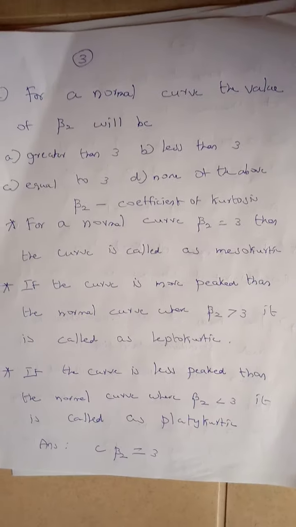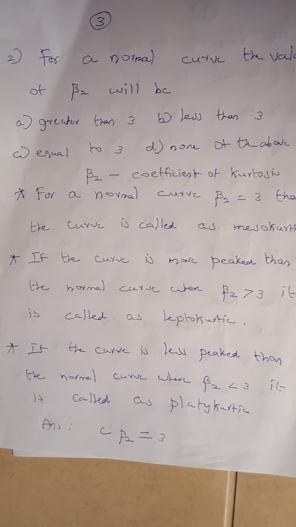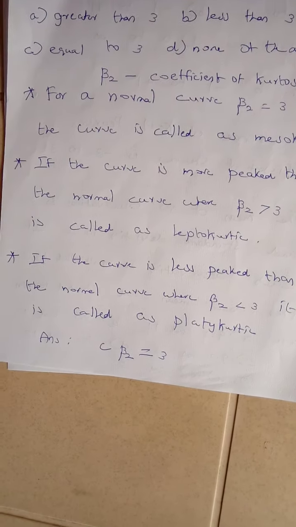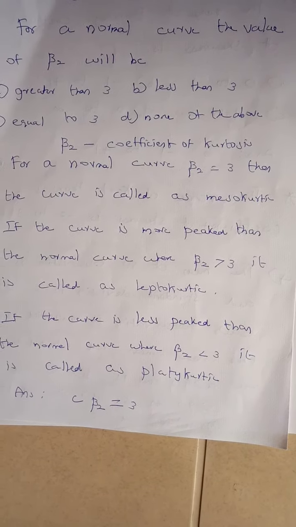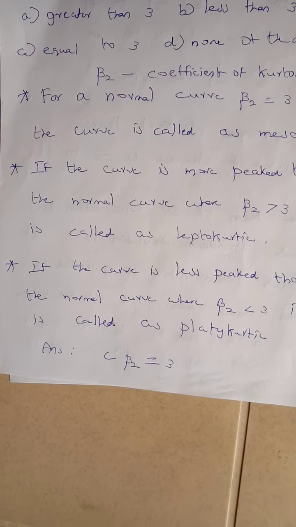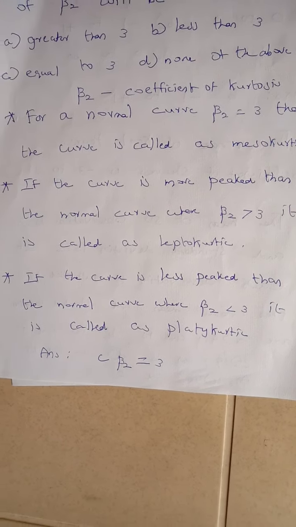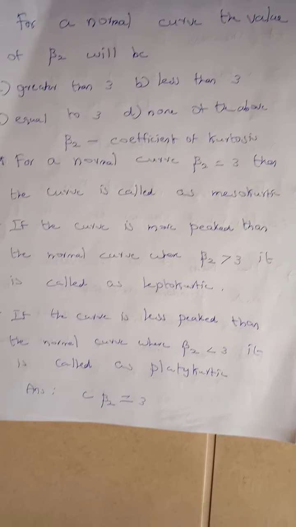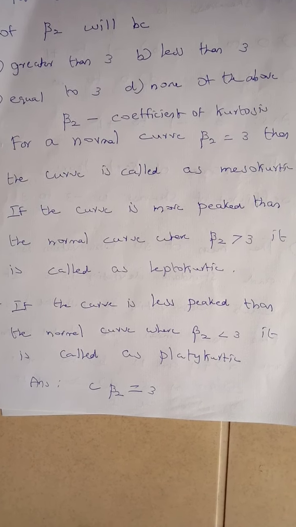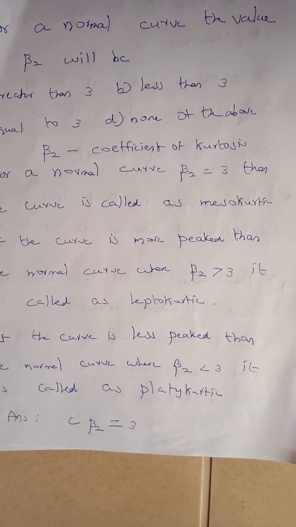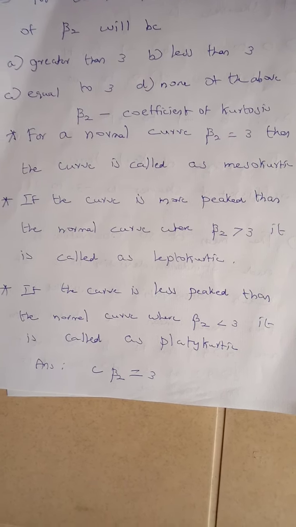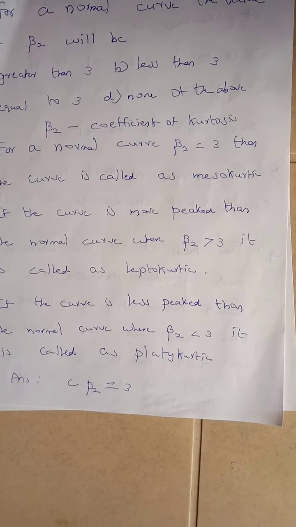We should know what beta 2 is. Beta 2 is the coefficient of kurtosis. So beta 2 equal to 3 means mesokurtic, which is the normal curve. Beta 2 greater than 3 means more peaked than the normal curve, known as leptokurtic. Beta 2 less than 3 means less peaked than the normal curve, known as platykurtic. So let us move to the next question.